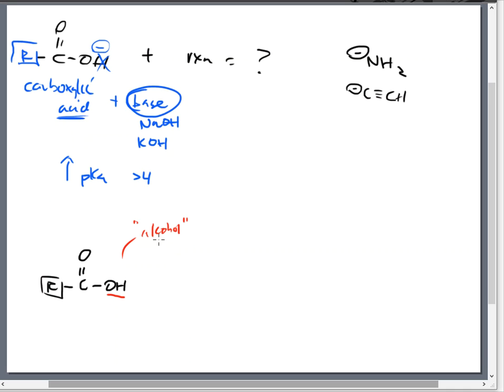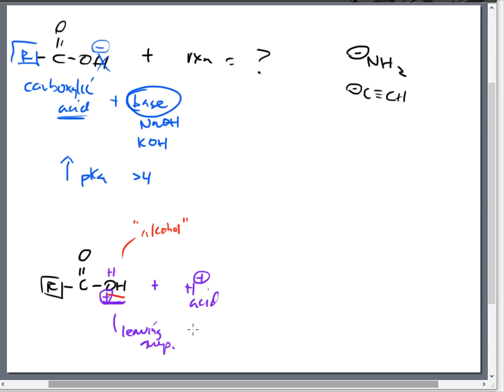One of the ways that we were able to get an alcohol to react is if we protonate it. So if we add some type of acid, and that acid could come onto this OH group and protonate that OH group, then folks, here we go. This is a very good leaving group.